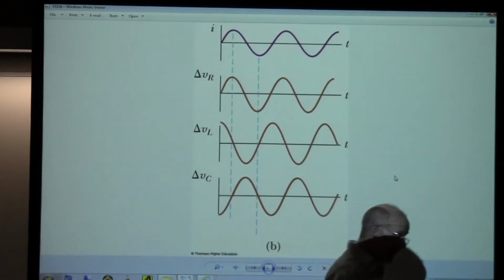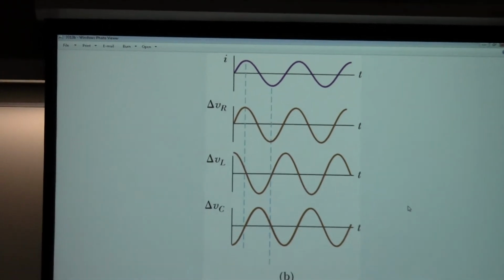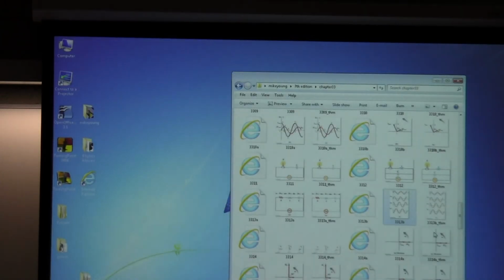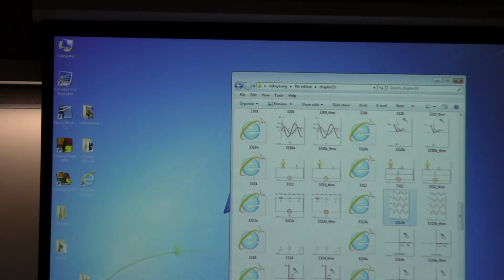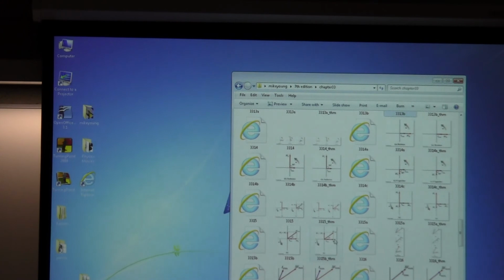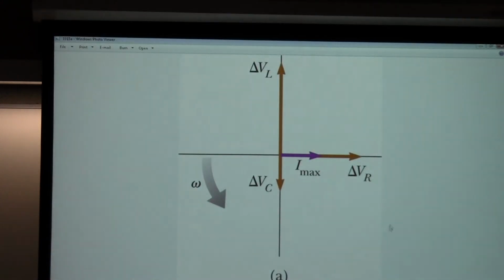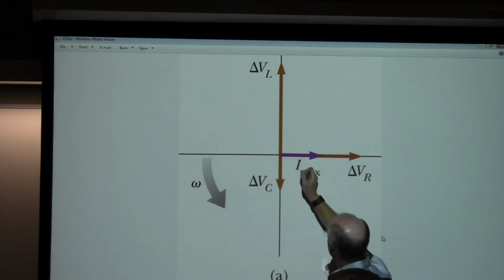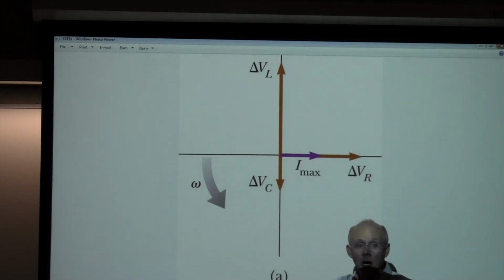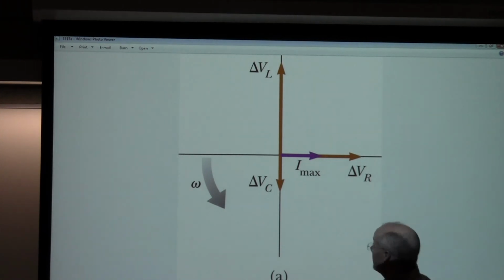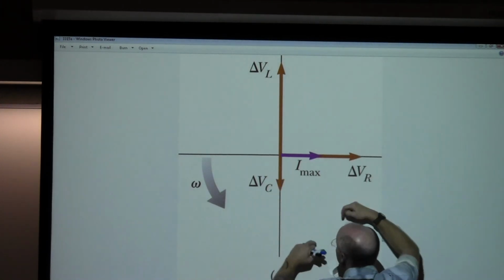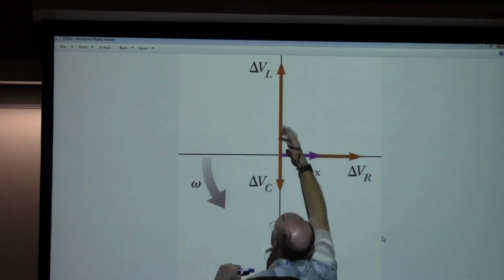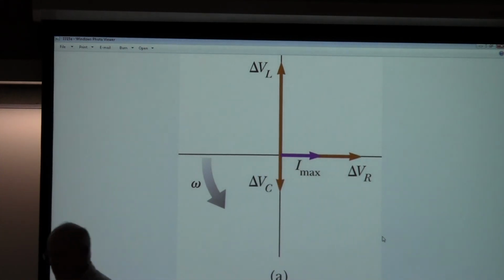Like I said, one option is to do your trig identities. We're going to avoid that so that we can introduce you to some mathematics of adding phasors together, and that's what this little picture is, right? Here is the stick for the current, so we'll give it a different color, but he puts the voltages all in the same color. Here's the stick for the resistor, here's the stick for the capacitor, here's the stick for the inductor.